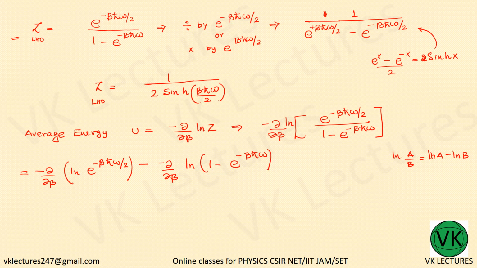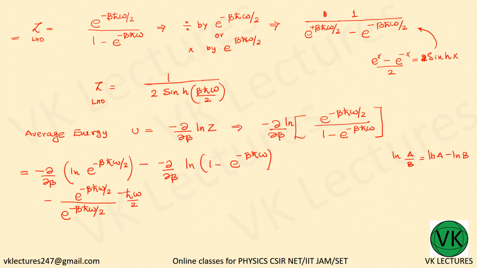So here the first term gives us 1 divided by e to the power minus beta h cross omega by 2, and its derivative will be e to the power minus beta h cross omega by 2 into minus h cross omega by 2. So minus h cross omega by 2.